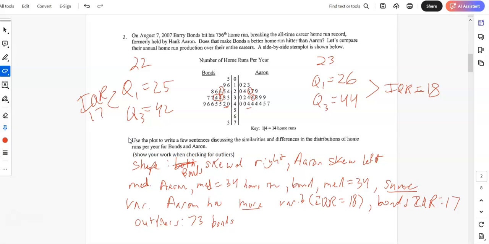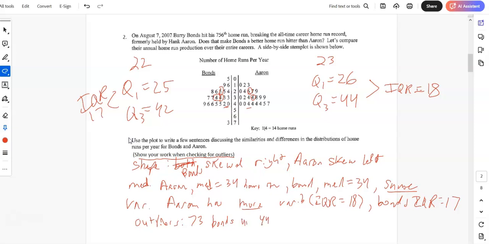So outliers. So how do you check? It says to show work when checking for outliers. So to show work for that, you're going to do the one. So the upper outlier is going to be Q3, or 44.